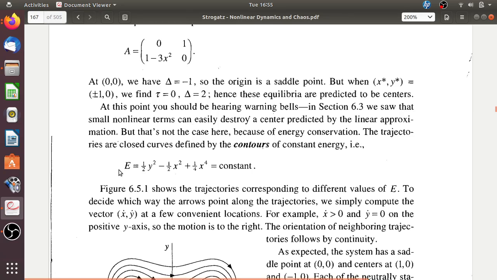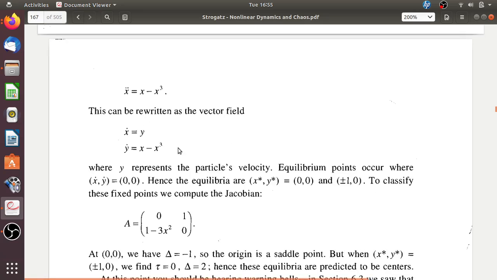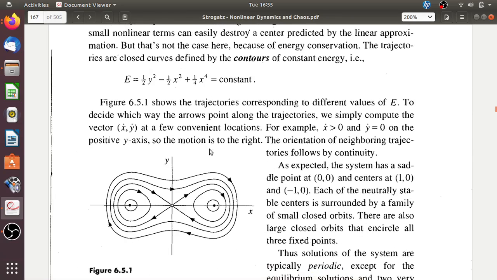So from this E, how can I construct the phase portrait? If you use a numerical method, then you will obtain the phase portrait like this, but we are going to just use this equation and construct the phase portrait. How are we going to do that?